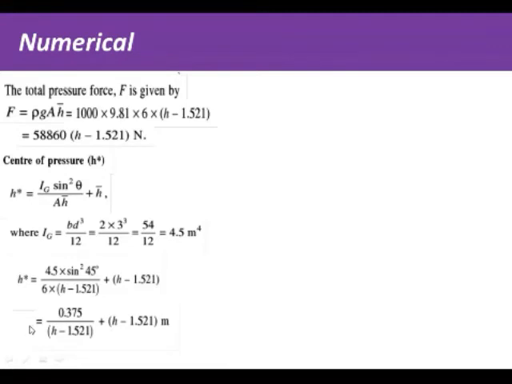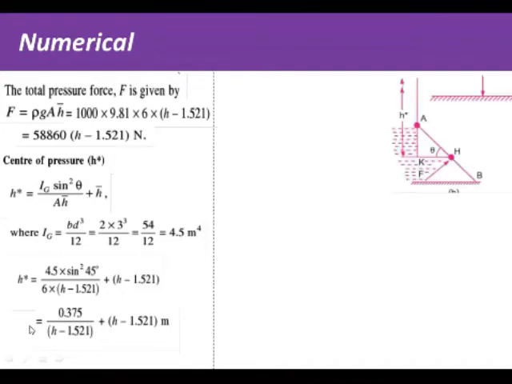The location of center of pressure P from free liquid surface is H star. You can see in this diagram that we found this distance H star. This is the location of P, where force F acts.